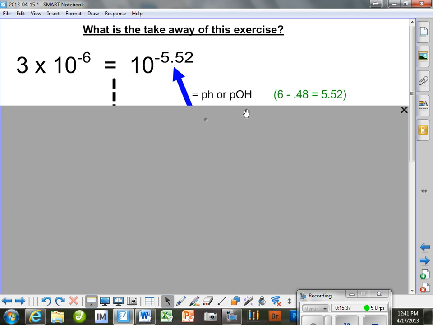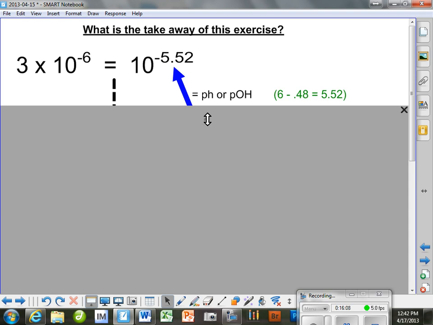The minus log of 10 to the minus 6 is 6, and the minus log of 3, instead of negative 0.48, it's a minus log. So when we logged it, we changed the sign. Minus log changes the sign of whatever the log is.